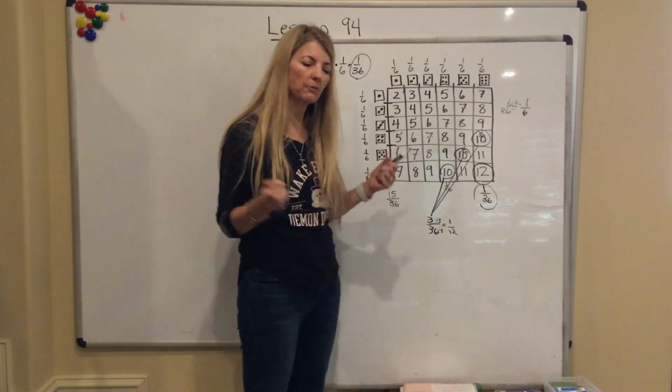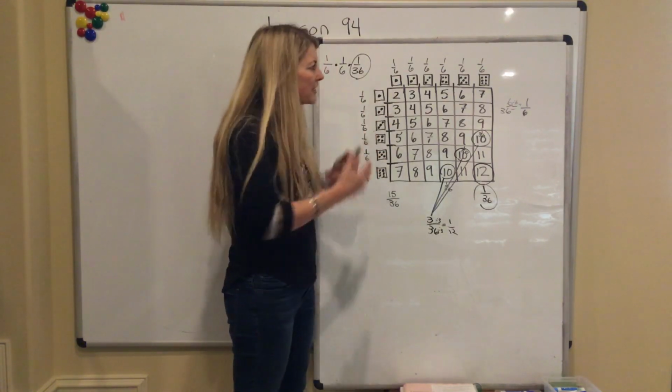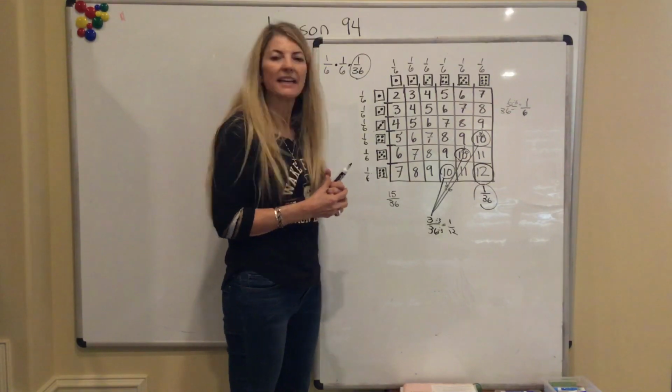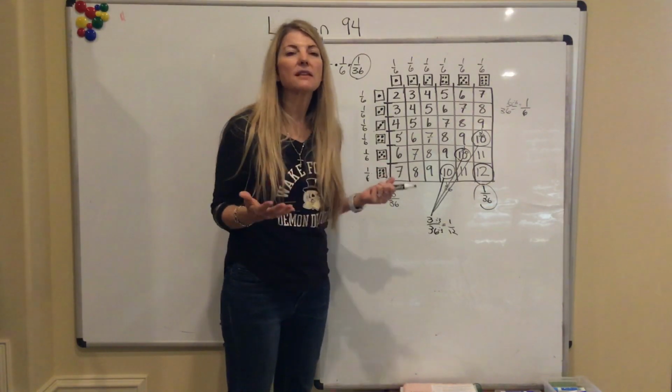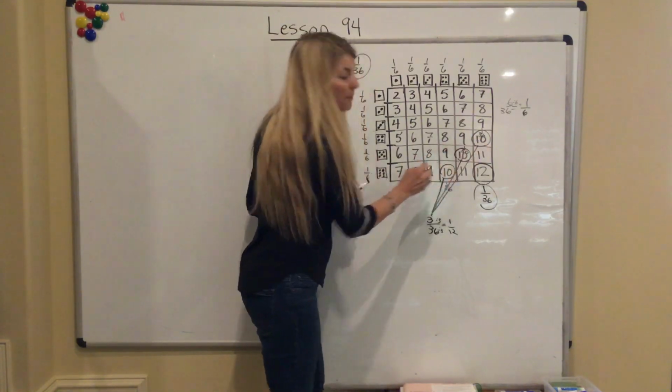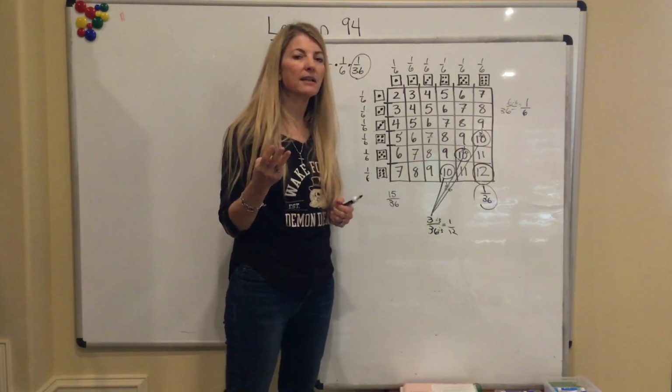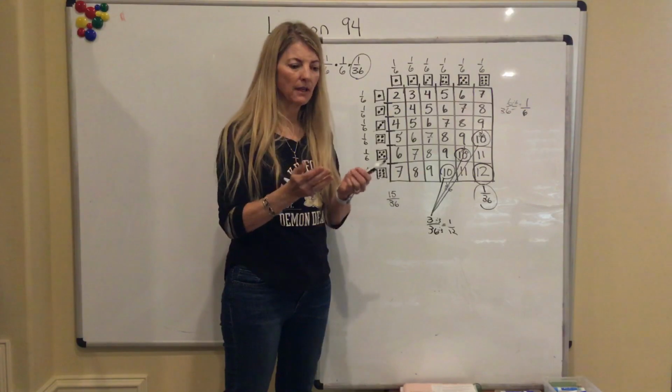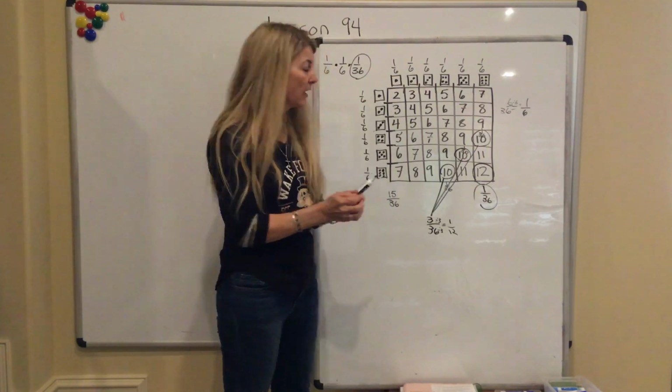But what's unique about rolling dice is there are different ways that I can get different numbers. So I said, what's the likelihood that I would roll a 10? Well, there's 3 possible combinations that would give me a sum of 10.